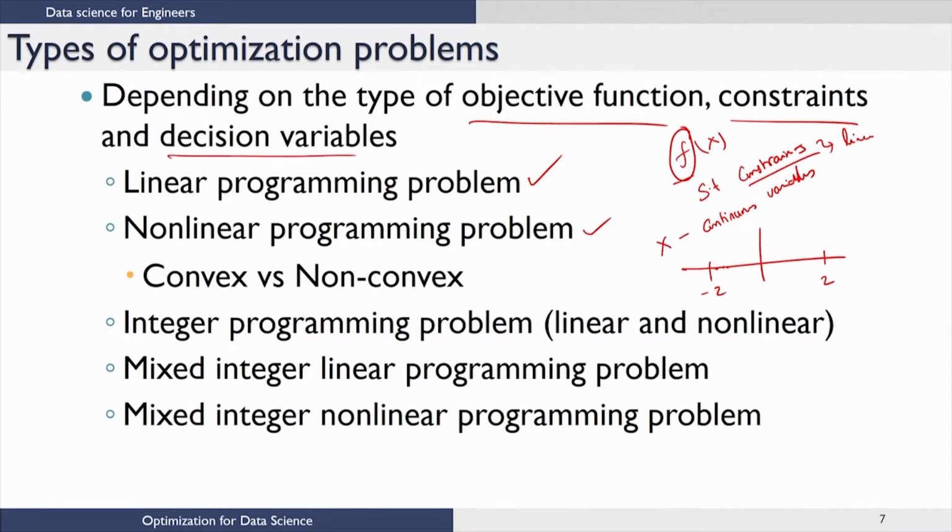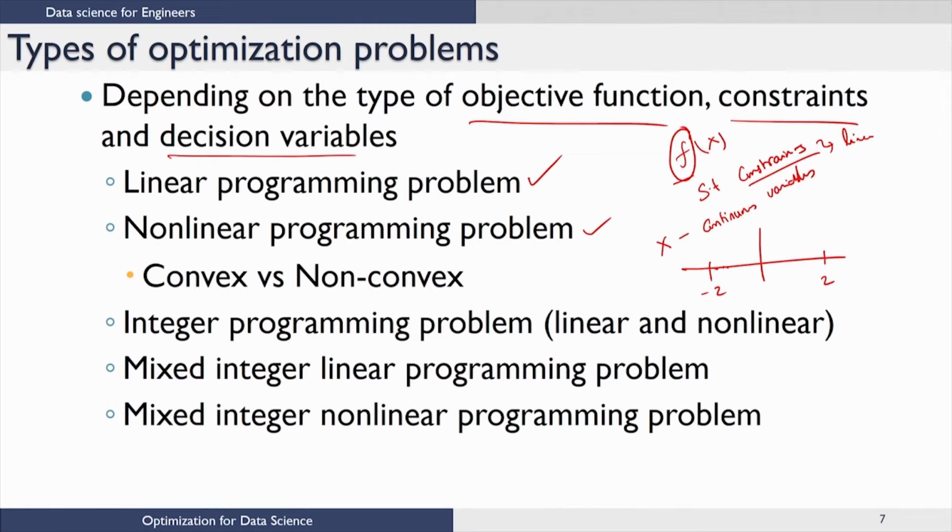Whether a nonlinear programming problem is convex or non-convex is an important idea in identifying how difficult the problem is to solve. So, this idea of convex and non-convex, very briefly without too much detail, we will see in the next few slides.